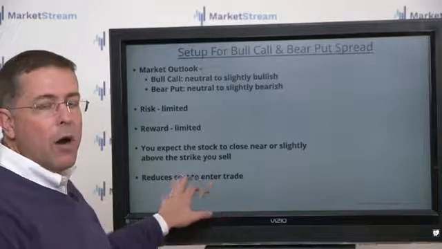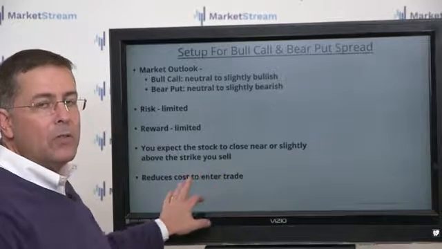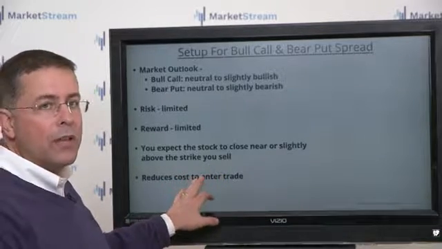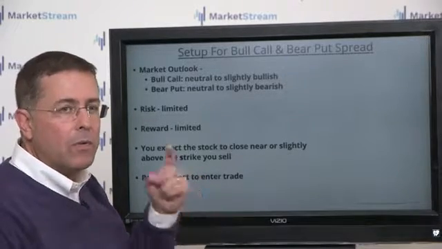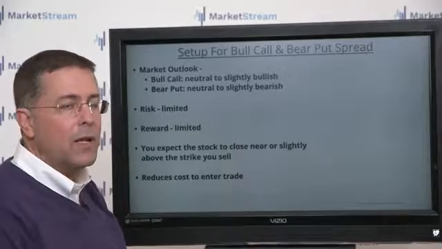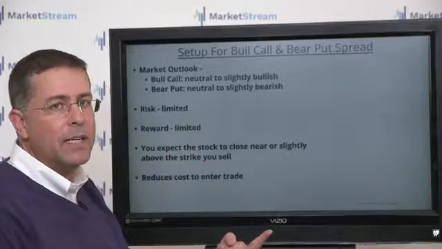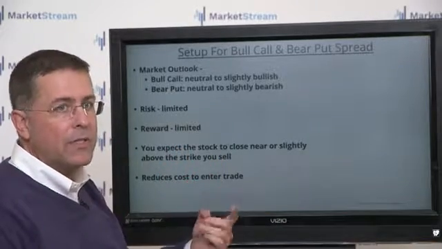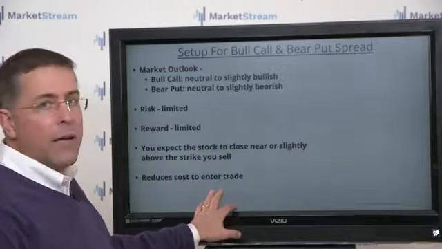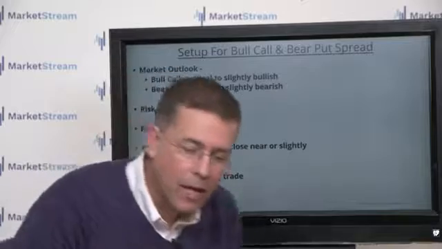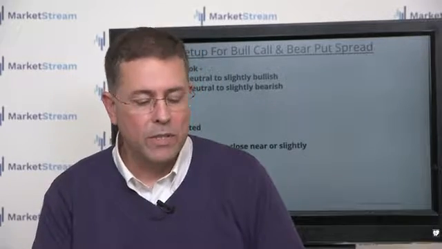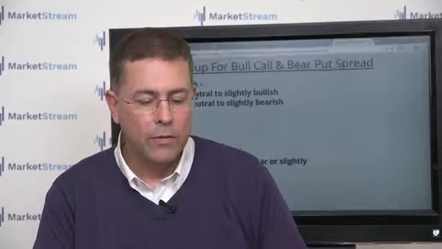And remember, our biggest job is to mitigate or reduce costs with the trades that we put on. Buying and selling outrights, whether it's buying stock or selling stock outright, or buying options naked or selling options naked, you don't have cost reduction. You're not reducing your cost or your risk exposure. Well, today we're going to do that.